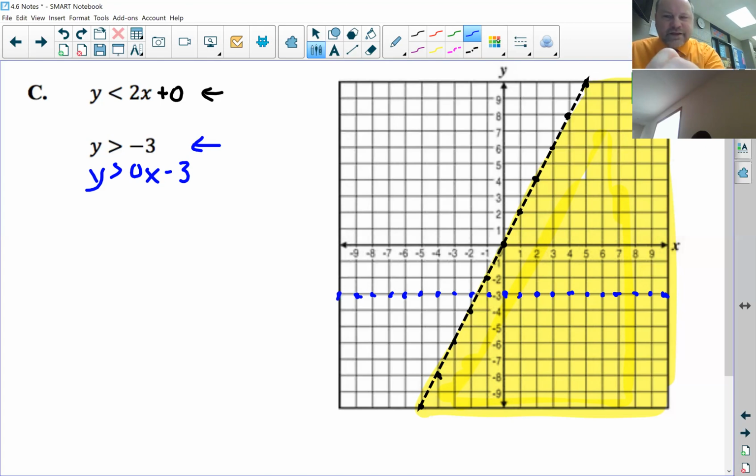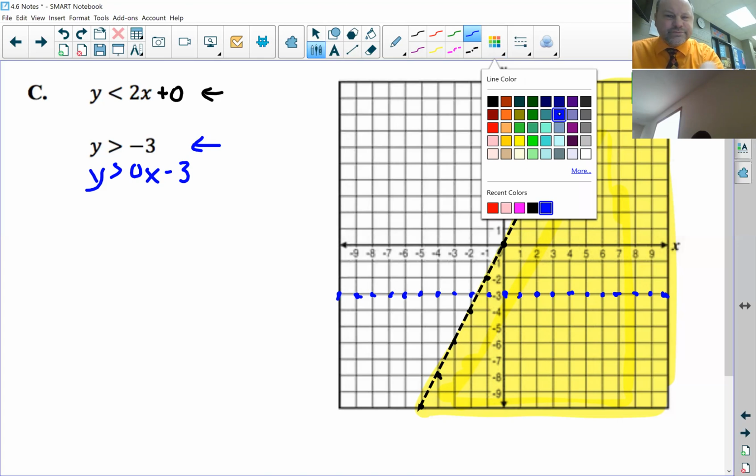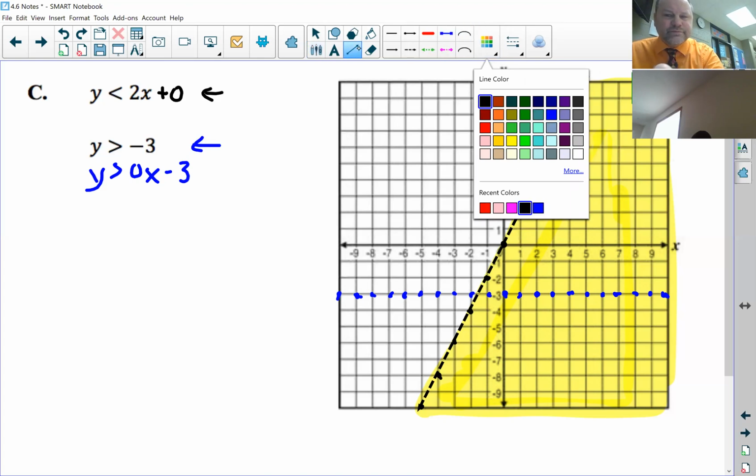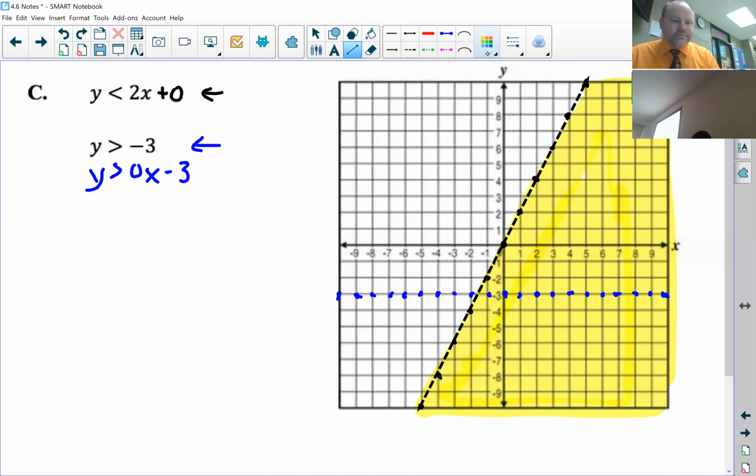All right, solid line or dashed line? Another one that's going to be a dashed line. And should I shade above or below?